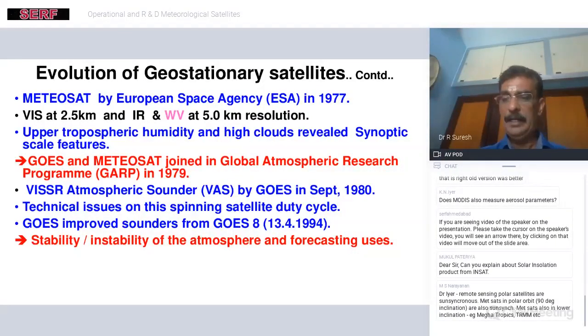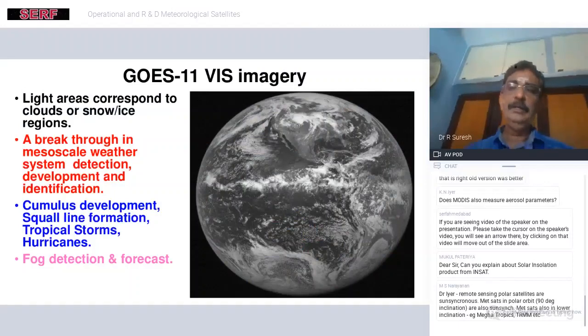Now the geostationary satellite has further applications, especially stability and instability, which we can work out from temperature sounding retrievals, useful for the operational forecaster as a tool for forecasting.